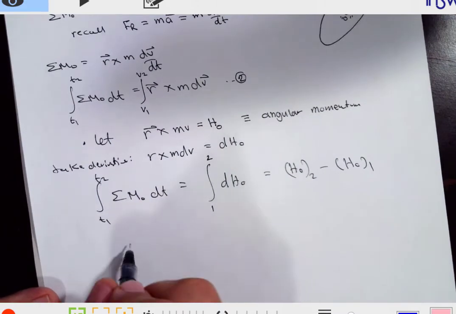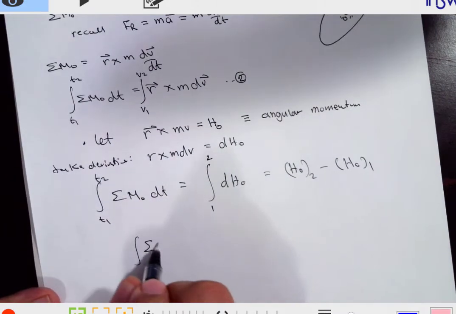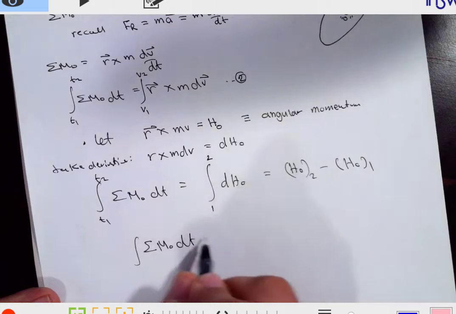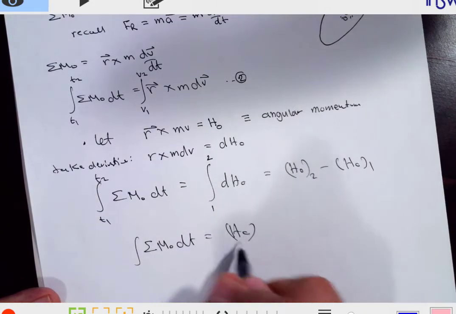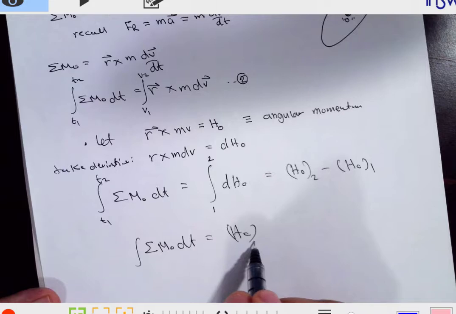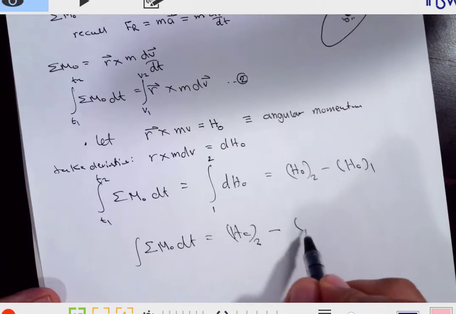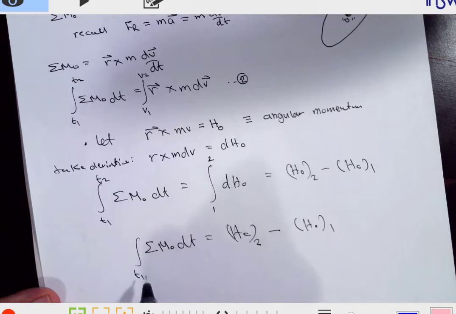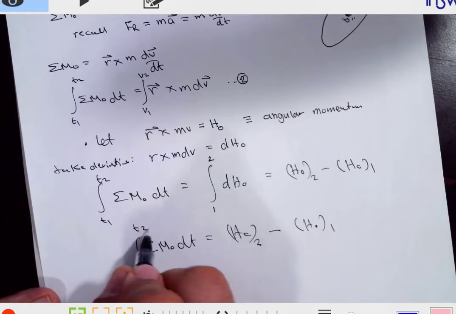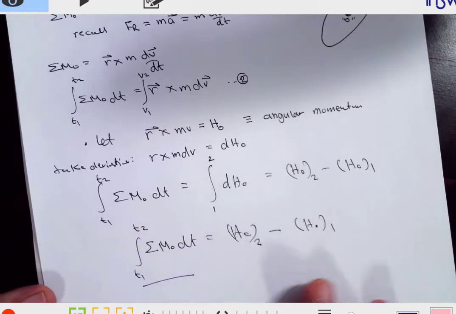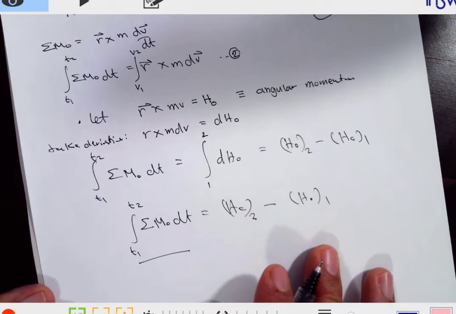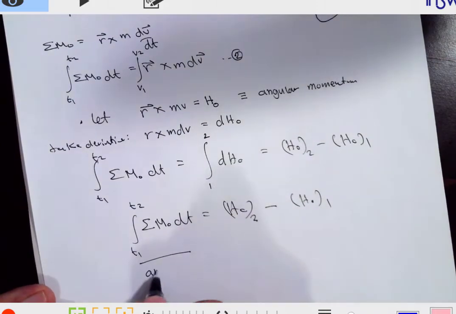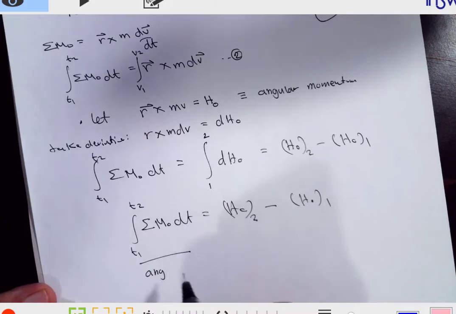So in summary, I can say summation of all moment dt is equal to the angular momentum at state 2 minus angular momentum at state 1, and this is computed over time t1 to t2. So we're going to call this the angular impulse. It's analogous to the linear impulse that we studied earlier.